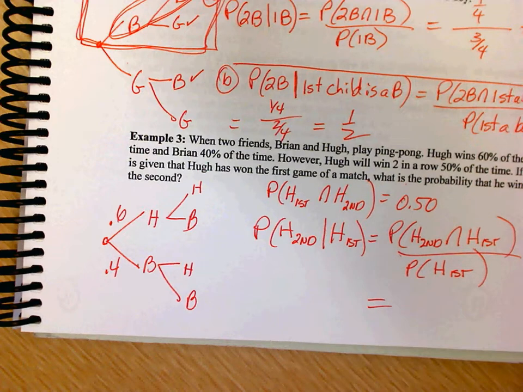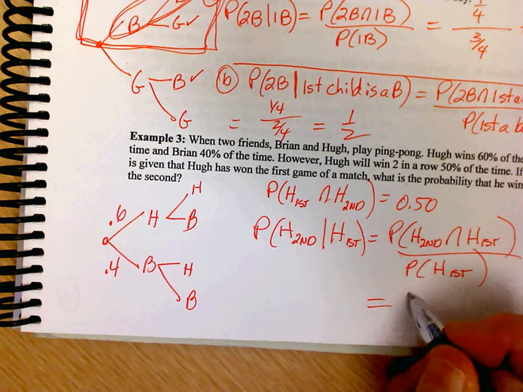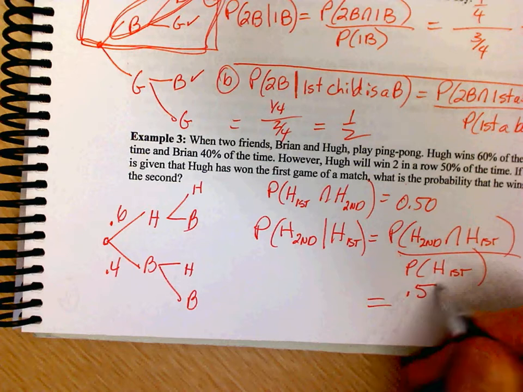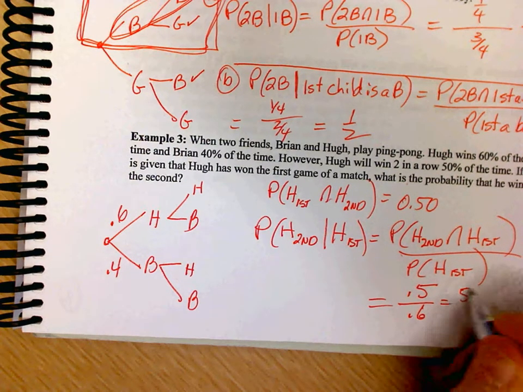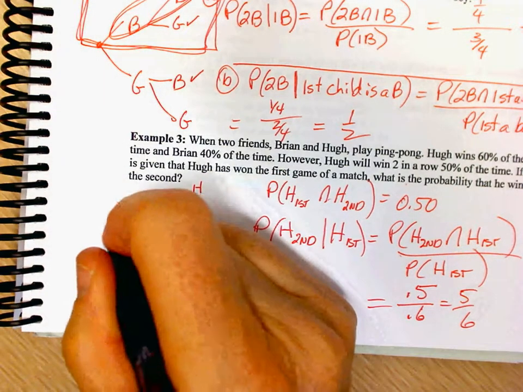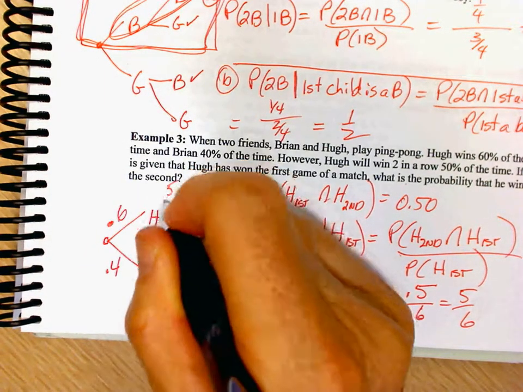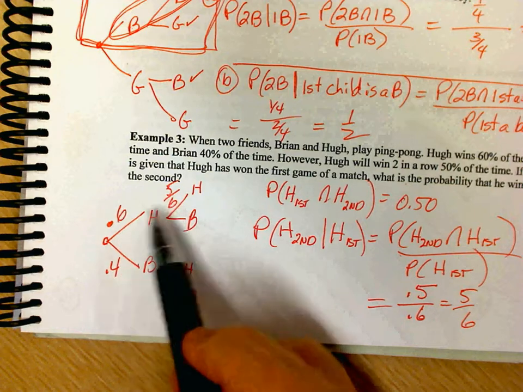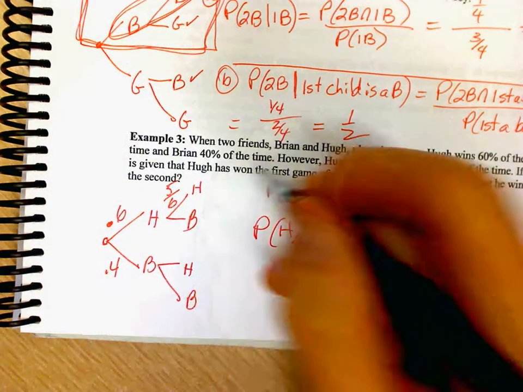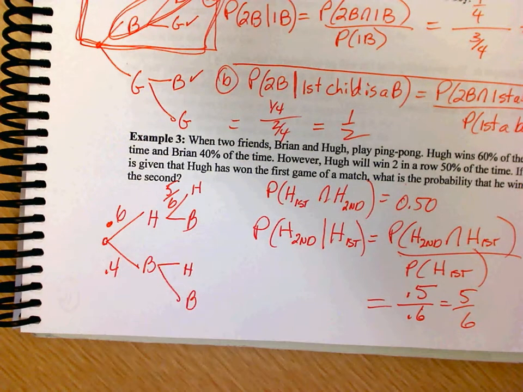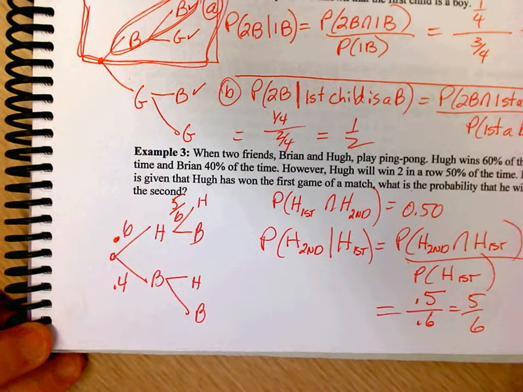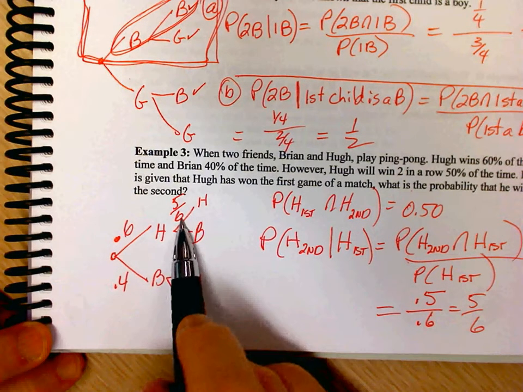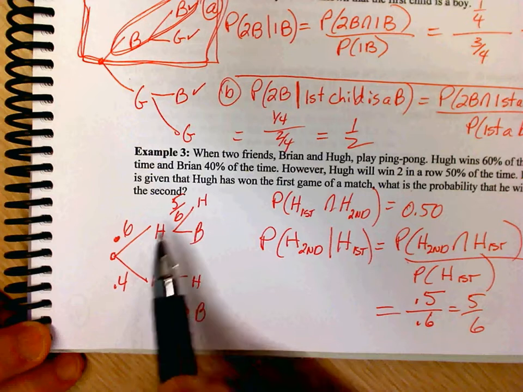Well, we know the intersection, and we know the probability he wins first, so that's 5 over 6. So 0.6 times 5 over 6, that times that will give us 0.50, right? This is a conditional probability. Given he won the first, what's the probability he won the second?